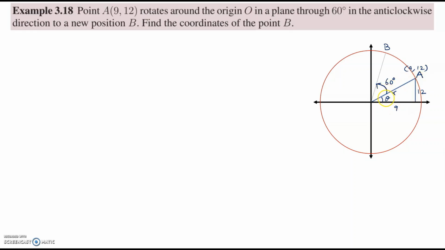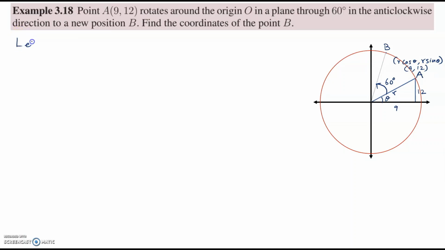Now we have to find the coordinate of B, which is nothing but the angle theta plus 60 degrees. So this coordinate, we can define it as r cos theta, r sin theta. Okay, so let's start defining things here.